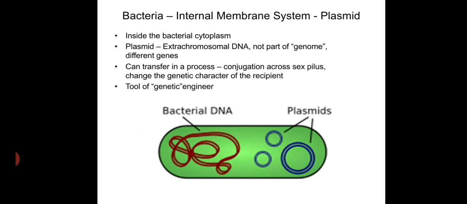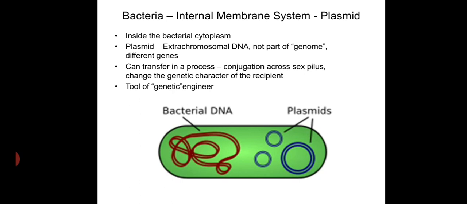And the next and most important internal structure found in bacteria is the plasmid. Inside the bacterial cytoplasm, extra chromosomal DNA, not part of the genome but containing different genes, is known as plasmids.